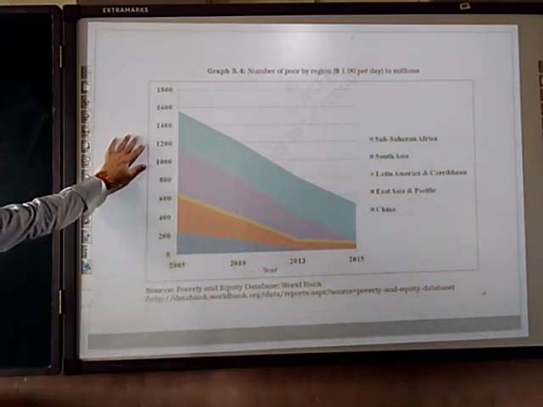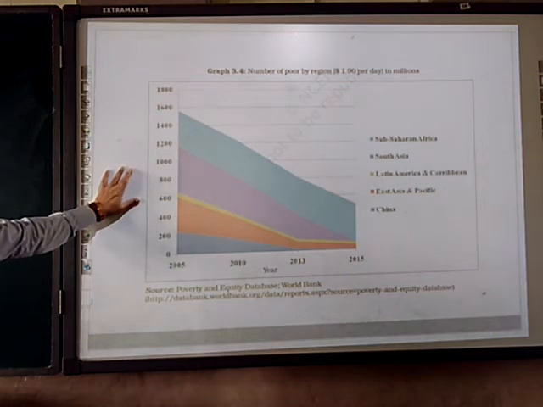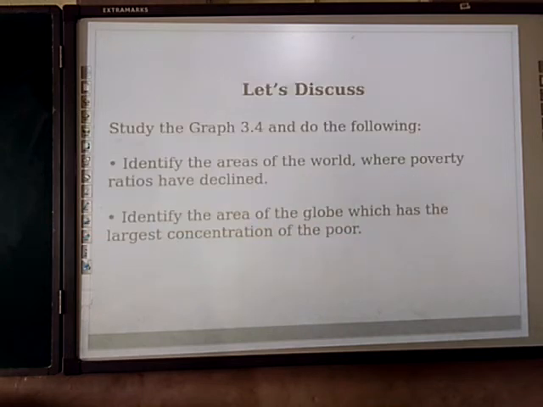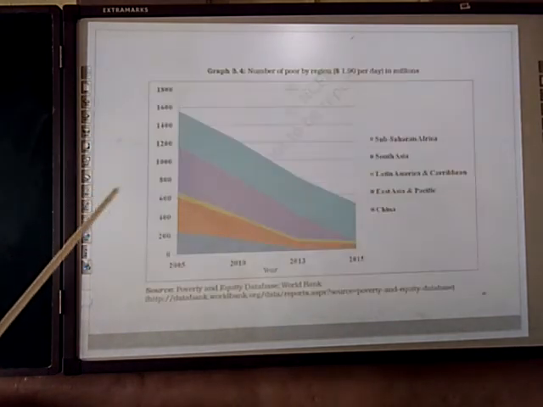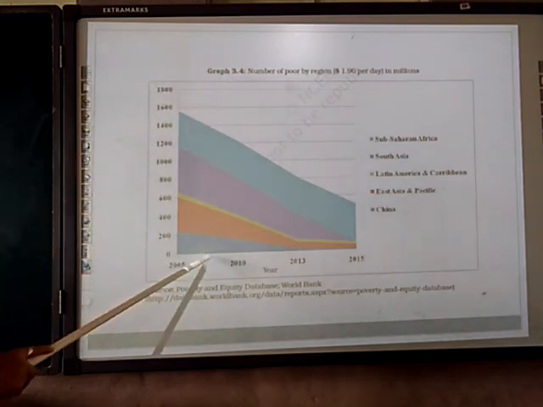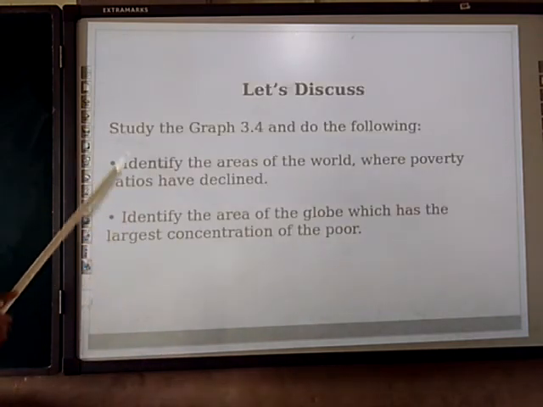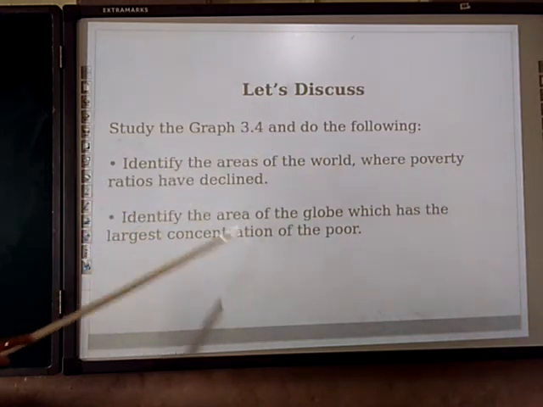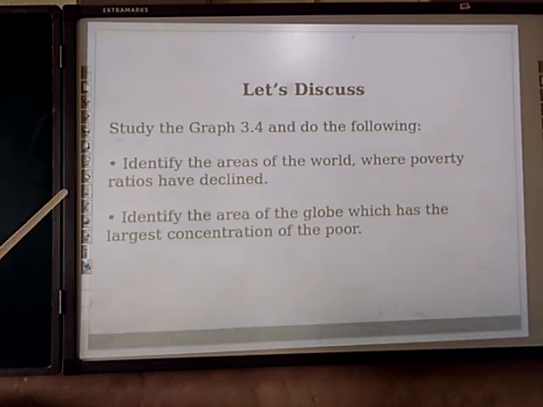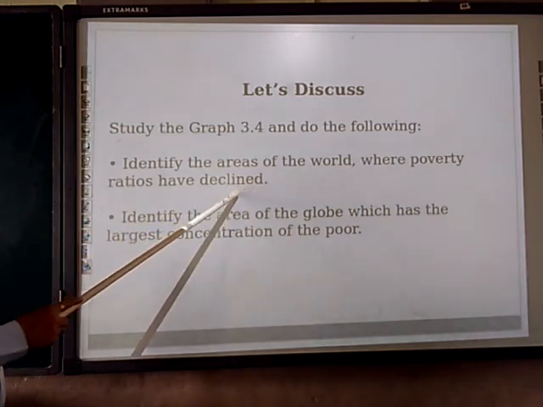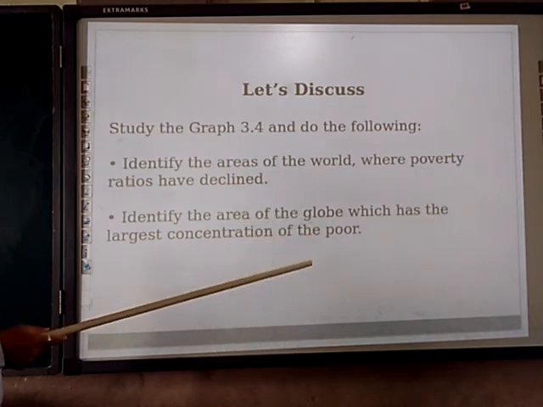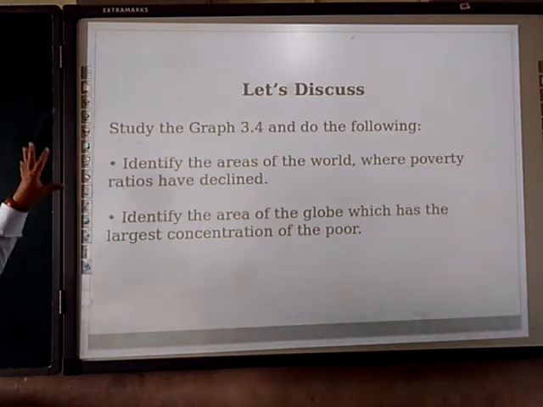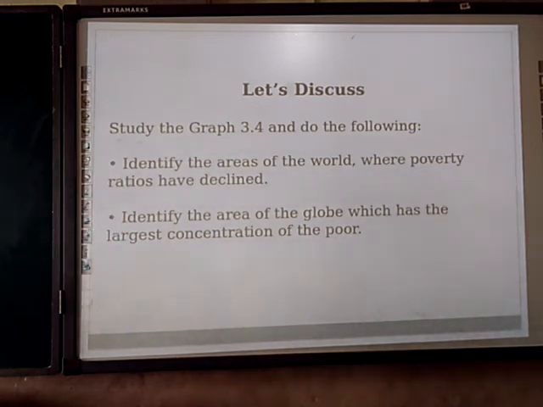Next, study graph 3.4 and do the following questions, which are homework for you. Identify the area of the world where the poverty ratio has declined. Identify the area of the globe which has the highest concentration of poor, where the poor are more, and where the poor people's ratio has declined.